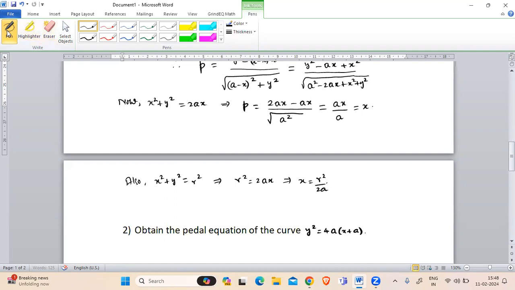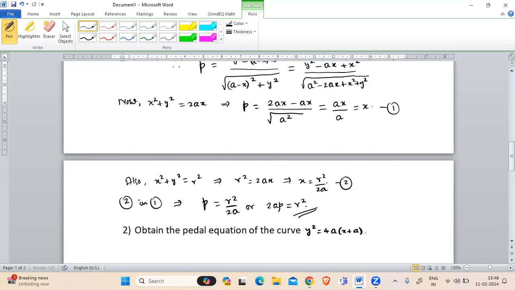Now if I call this equation 1 and this equation 2, then using equation 2 in equation 1, p equals r square by 2a, or I can write this as p into 2a, which is 2ap equal to r square.